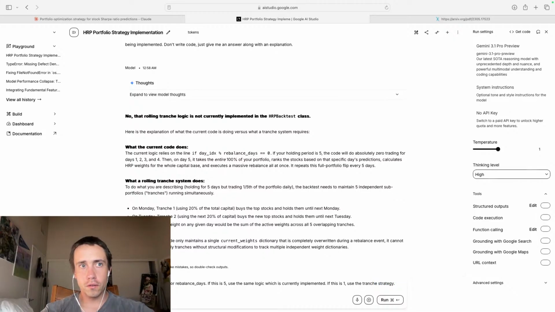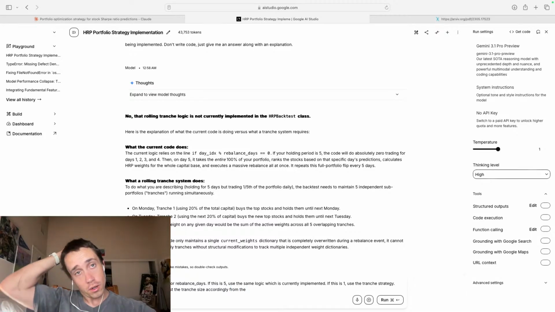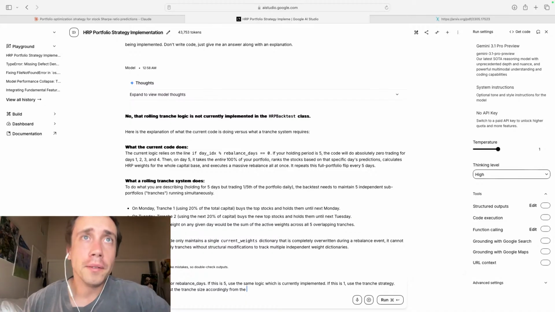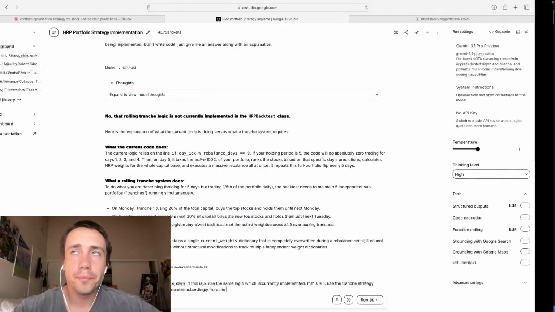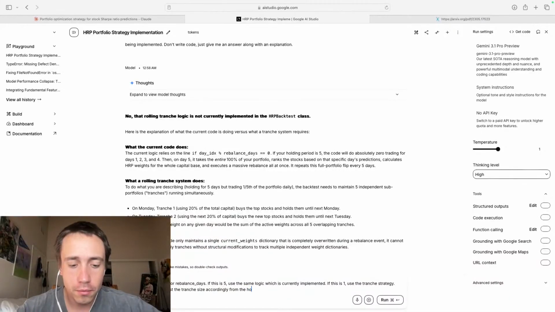For other values, adjust the tranche size accordingly from the holding period argument. Rewrite the class.